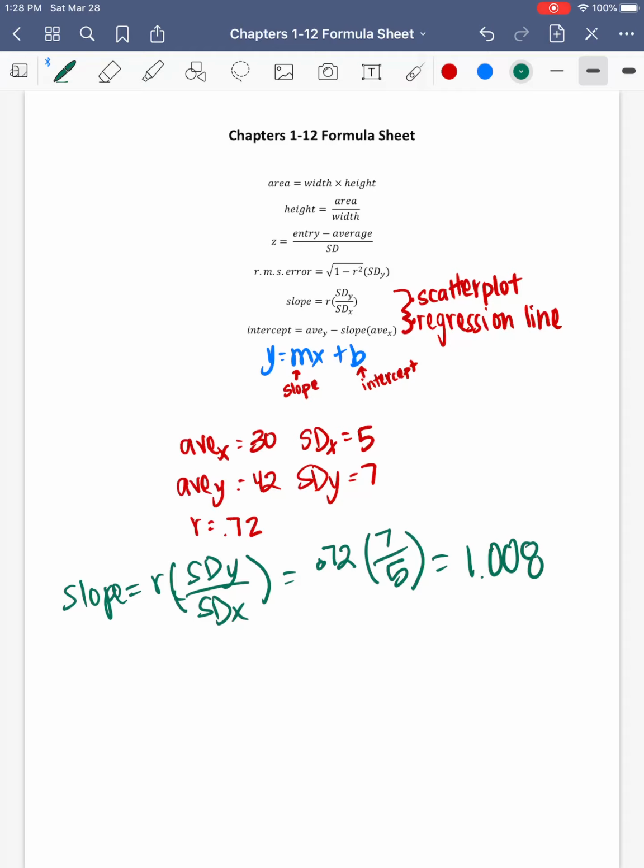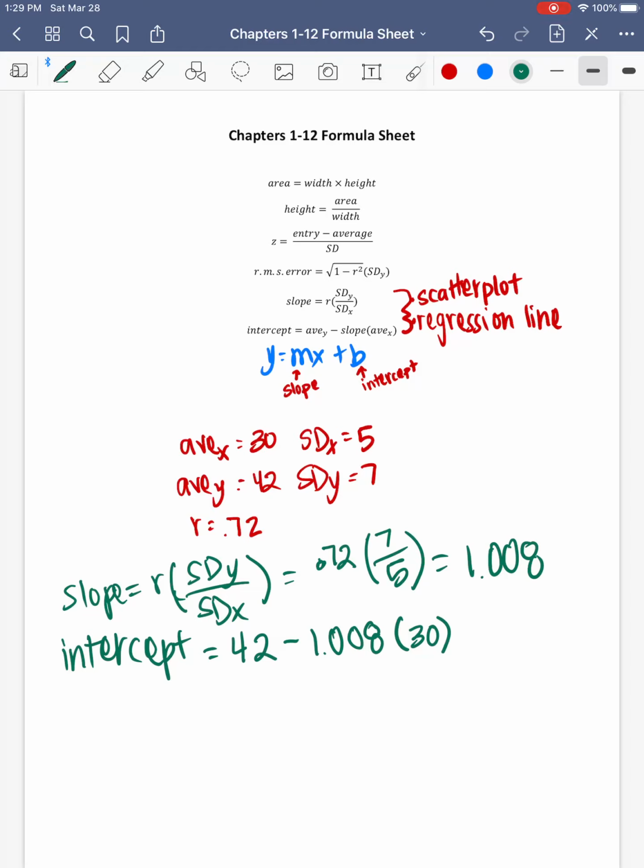And I'm just going to use all 3 decimal places there. The reason I'm using all 3 decimals is because 1.008 is slightly different than 1. So I want to make sure I show that it's not just a 1-to-1 relationship there. It's not a rise 1, run 1 relationship. It's almost that though. The intercept is the average of the y minus the slope times the average of the x.